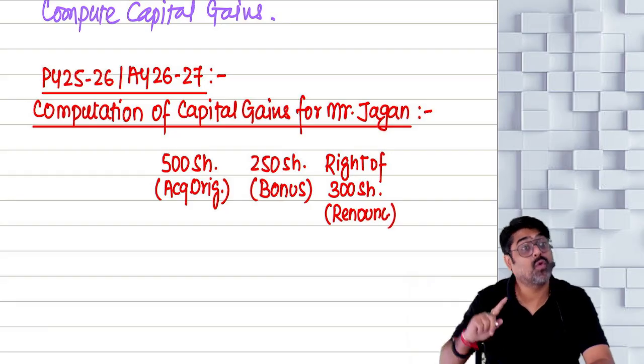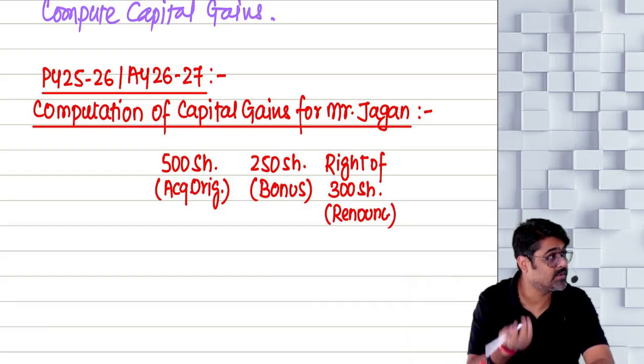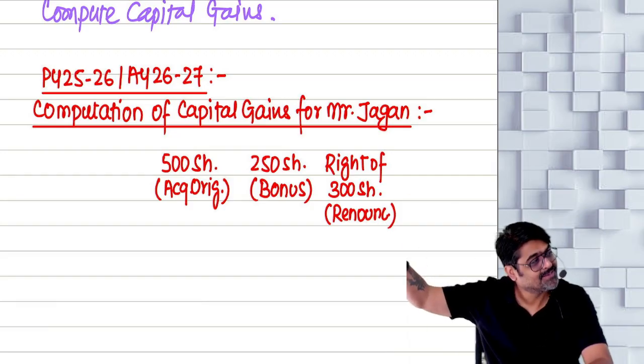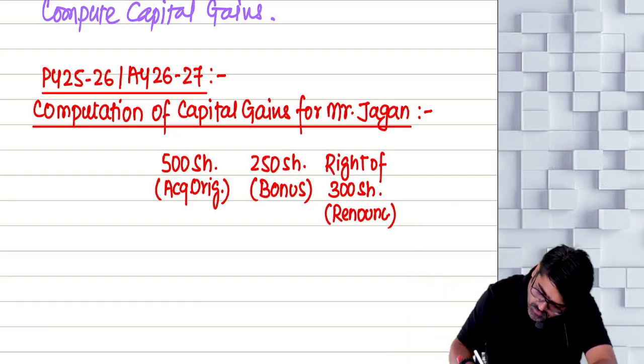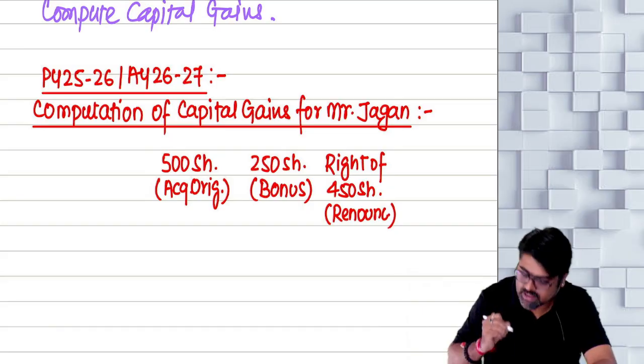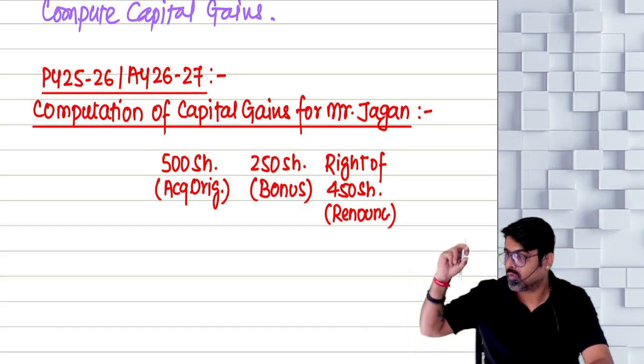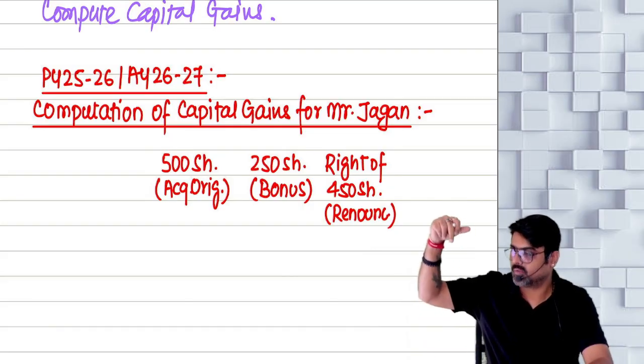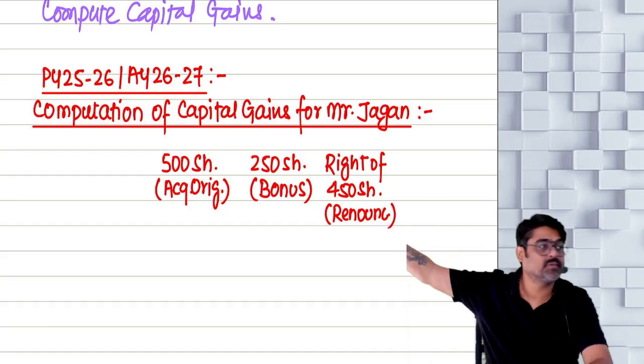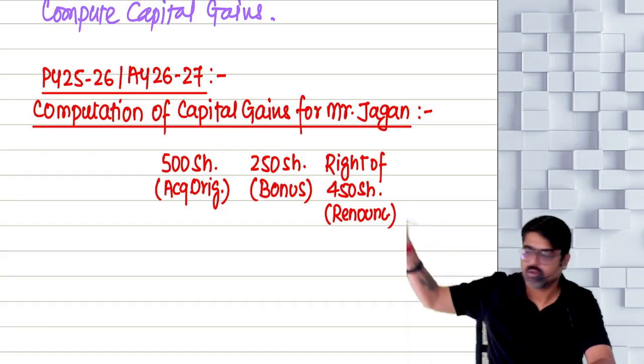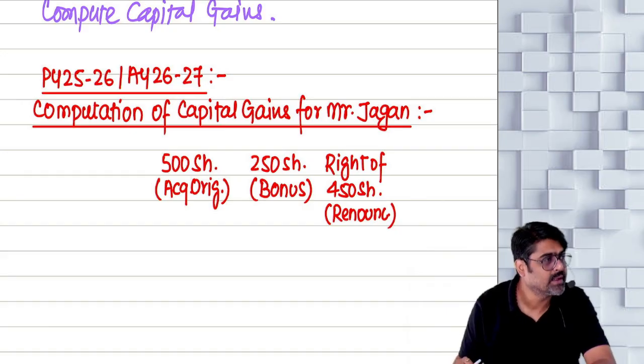Then 450 right shares he is purchasing or Suresh is purchasing. So this will be for 450 shares. My mistake here. This will be for 450 shares. 450 shares, right, which is renouncing in the favor of Mr. Suresh. For that he is going to calculate the capital gain.